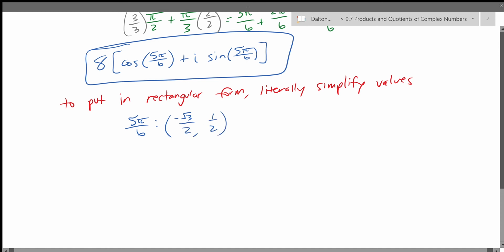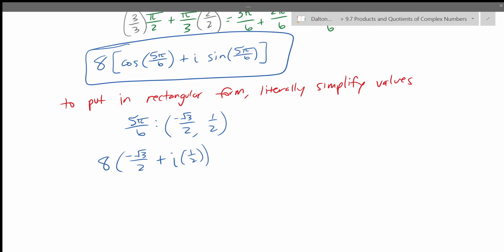So when we substitute these values into the previous answer, we get 8 times, instead of cosine of 5 pi over 6, cosine is the x term, so it's going to be negative square root of 3 over 2. Well, I shouldn't close that yet. Plus i times the sine, which is the y value, 1/2.